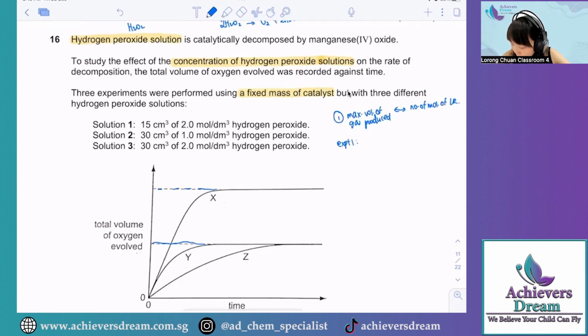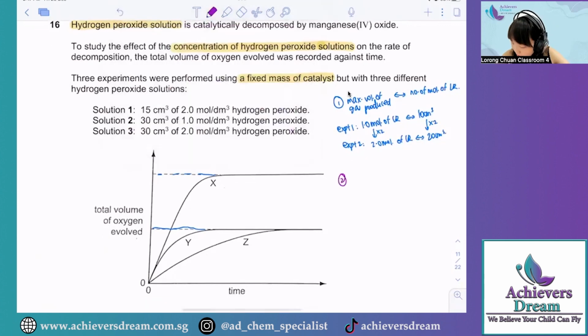If experiment 1 has 1 mole of limiting reagent and it produces 10 cm³ of gas, and experiment 2 has twice the number of moles of limiting reagent, I would also expect that the maximum volume of gas would also be twice, at 20 cm³. So this is the first aspect.